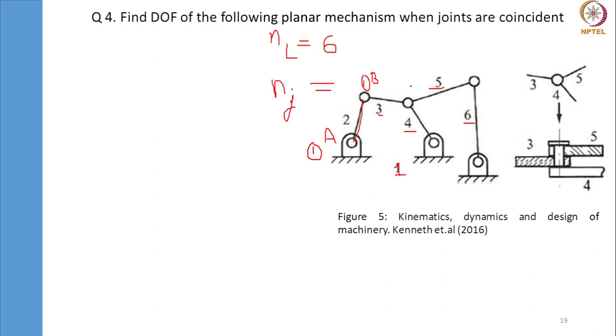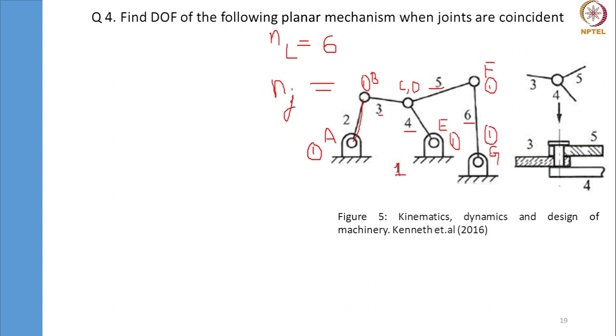The catch is here we have two joints, C and D. Then we have E here, which has a single degree of freedom, F here, which has a single degree of freedom, G pin joint, which also has 1 degree of freedom.